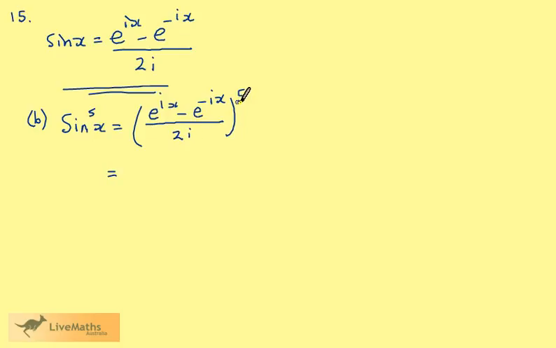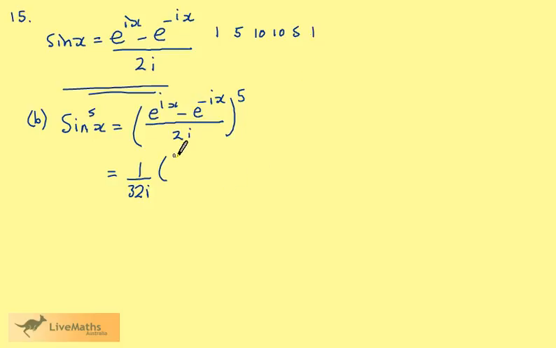The 2i on the bottom to the power 5 gives us 1 over 32i. So we're left with expanding e to the ix minus e to the negative ix to the power 5. We can use the binomial theorem, and the line of Pascal's triangle that we want is 1, 5, 10, 10, 5, 1.